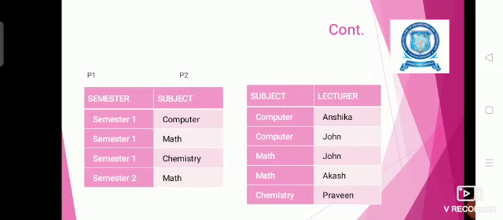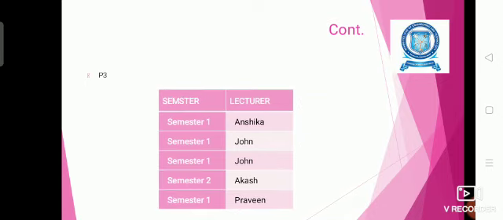Semester 2 has only one subject, maths. In the second relation P2, we keep two attributes, subject and lecturer. And we keep one more relation P3, in which we keep semester details as well as corresponding lecturer details. So by decomposing in this way, we can satisfy the 5NF.